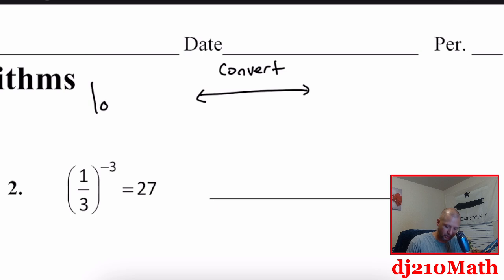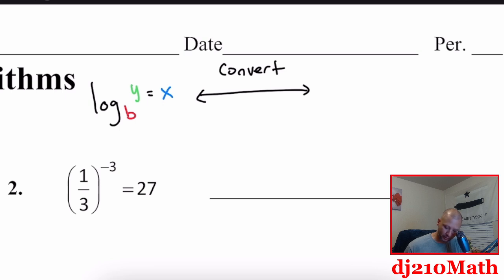So log of some base, call it y, equals x. This is typically the log shape. B is the base, y is the argument, and x is the solution.